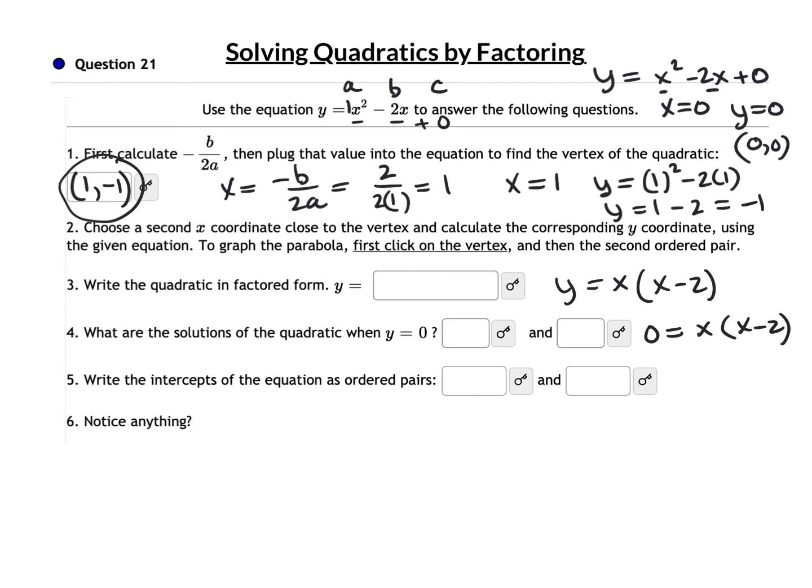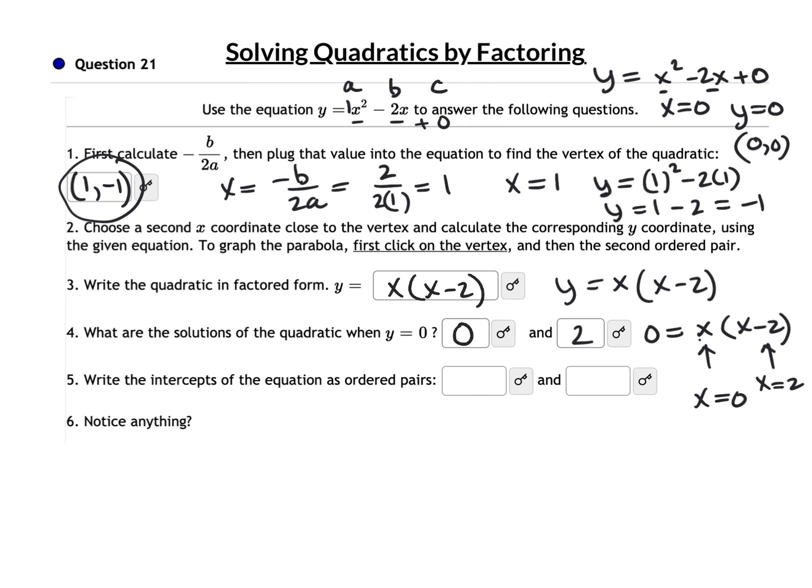When y is 0, you're on the x-axis and you get the x-intercepts. If I plug in x is 0, that'll be a solution because 0 times x minus 2 will be 0. One solution is 0, and the other will be x equal 2 because 2 minus 2 is 0. And this was x times x minus 2.